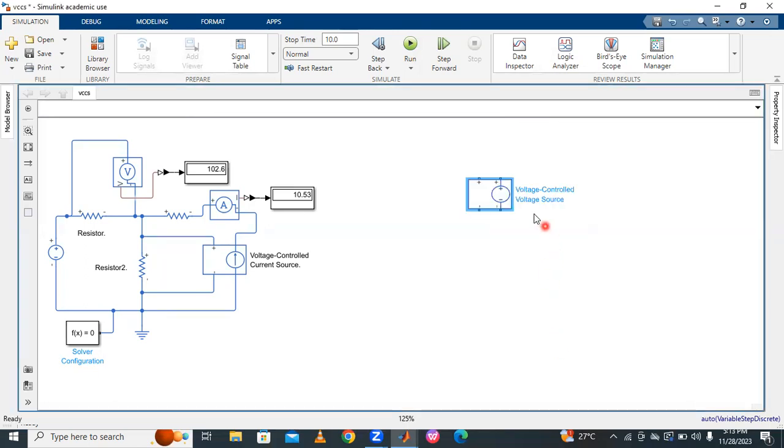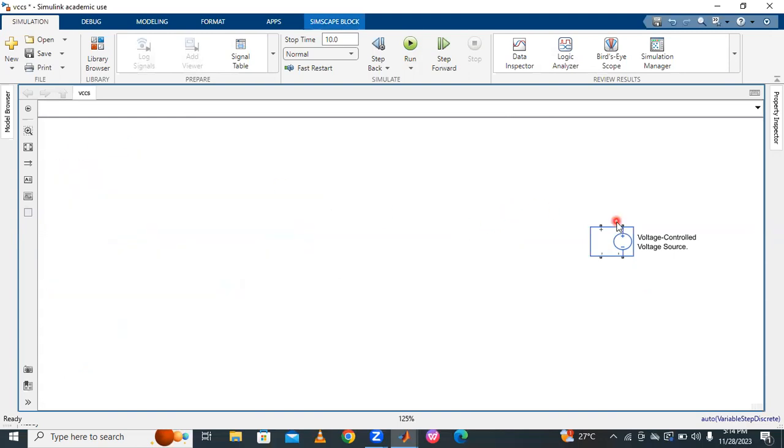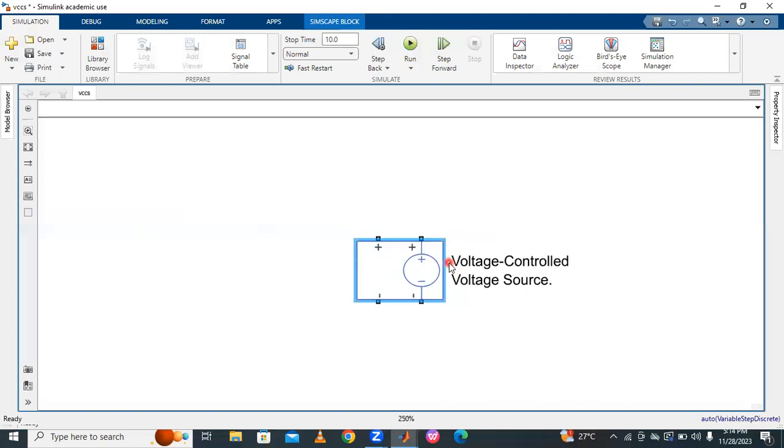This is the block. Voltage controlled voltage source will look like this. To understand it, the earlier one is already completed, so delete this and take the new circuit. The voltage controlled voltage source looks like this.